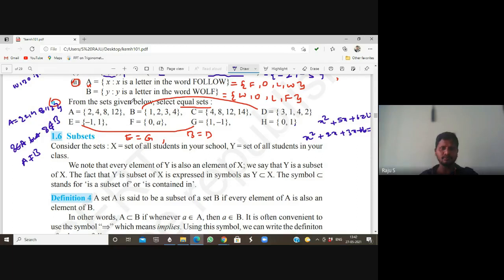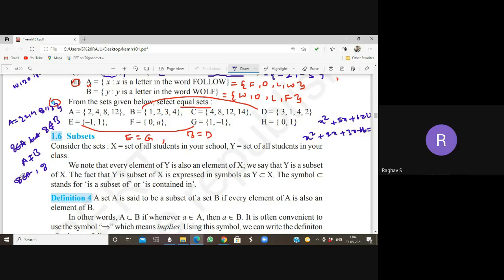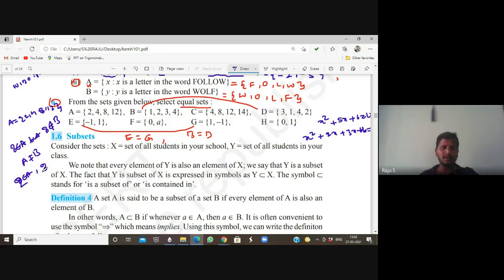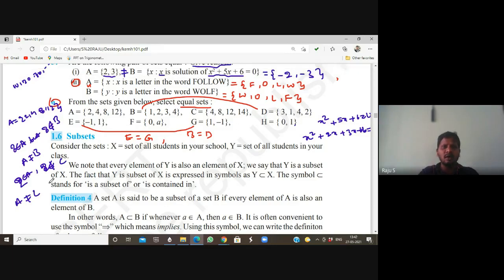Like that, again you can compare A and C. 2 belongs to A, but 2 does not belong to C. So A not equal to C. We know clearly that A not equal to B, A not equal to C, and A not equal to D, A not equal to E, A not equal to F, like that.